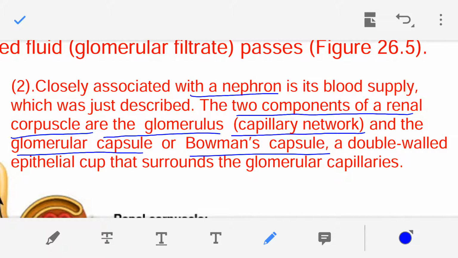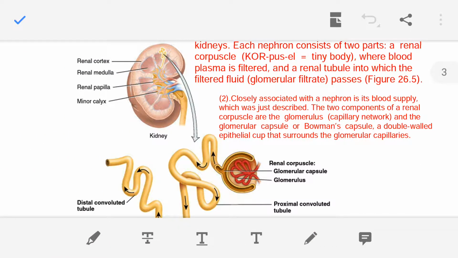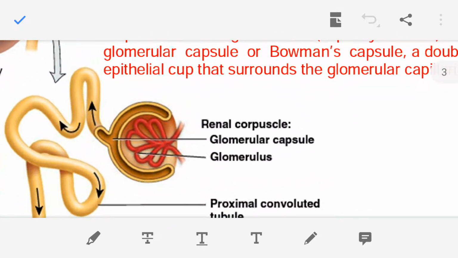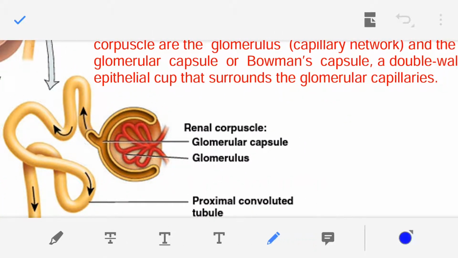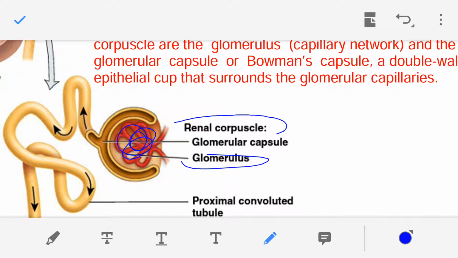The glomerular capsule is a double wall epithelial cup, and it surrounds the capillary network of the glomerulus, and this is how the renal corpuscle is formed.